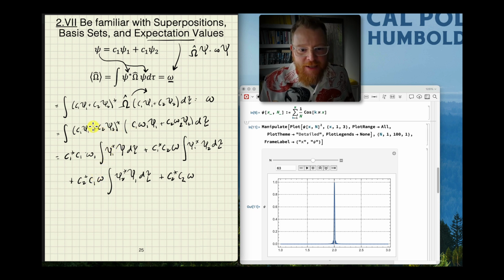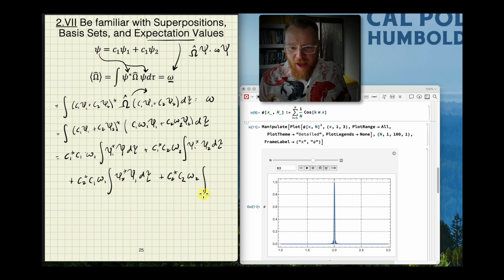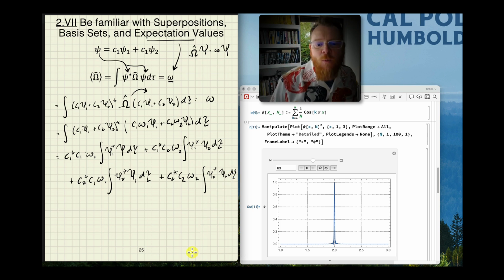First, outside, that one was number 2. Inside, that was omega 1. And last, that's omega 2. And then finally, that's the integral of psi 2 star, psi 2 d tau.